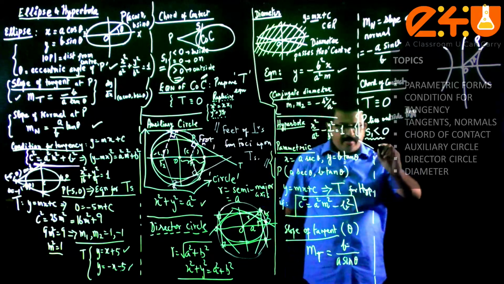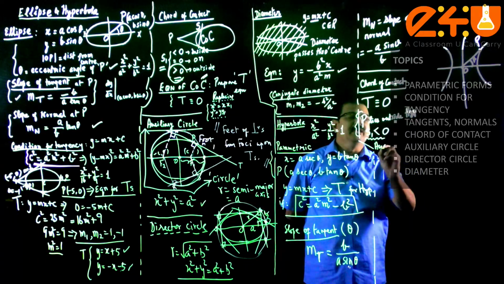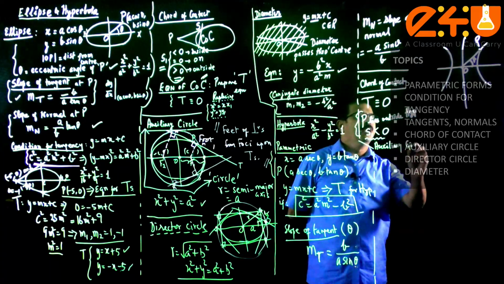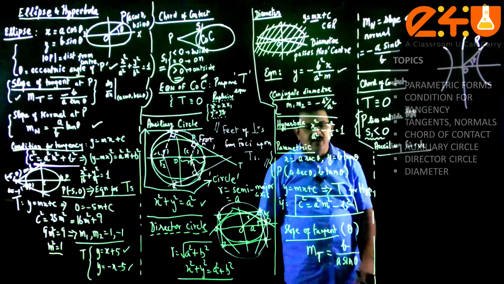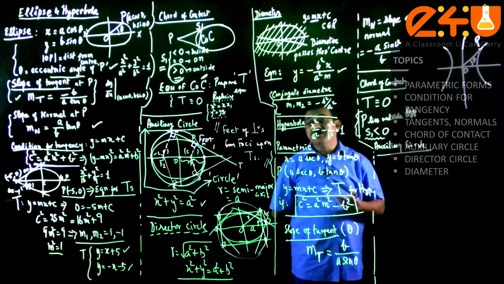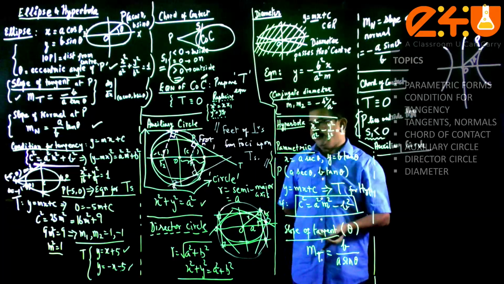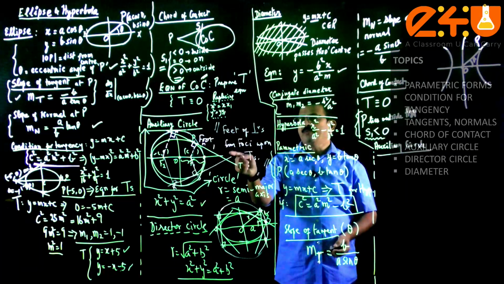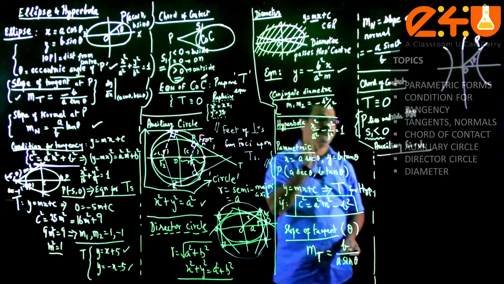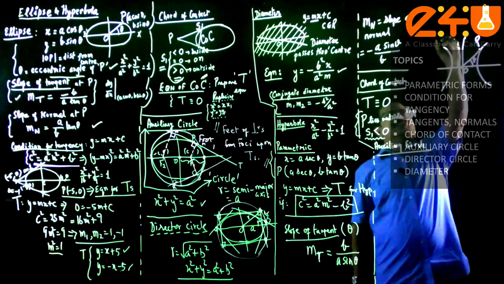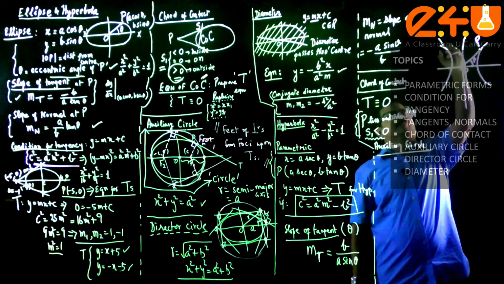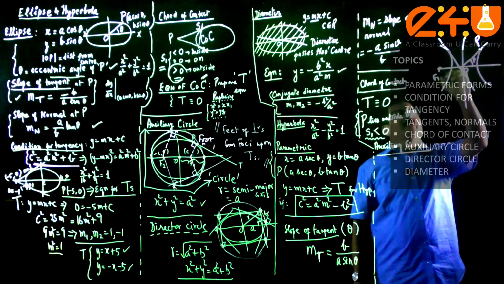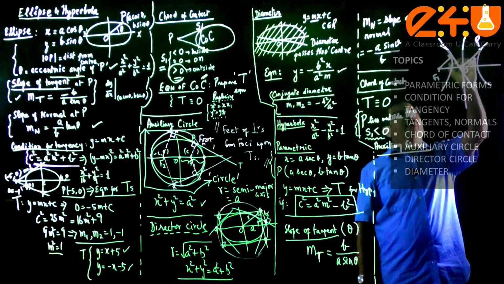And the next thing, the concept of the auxiliary circle. The definition of the auxiliary circle doesn't change: the feet of perpendiculars from the foci upon any tangent. You can draw any tangent. There is focus 1, draw the foot of the perpendicular.